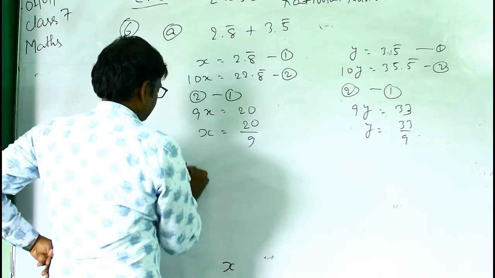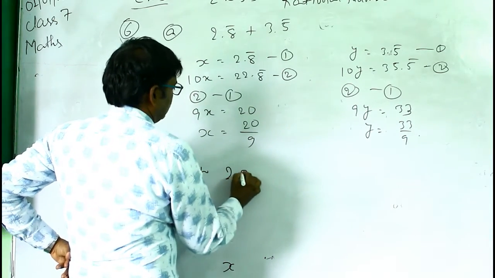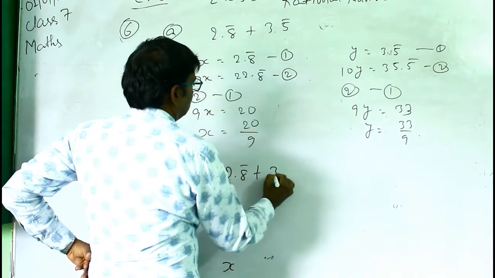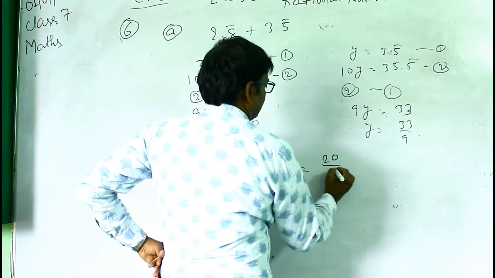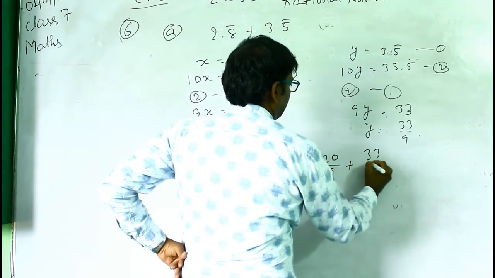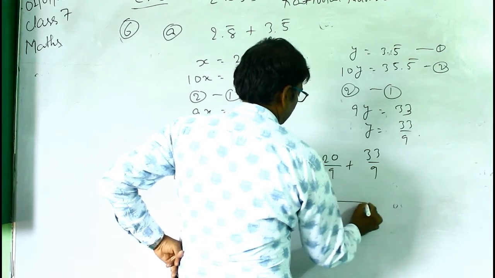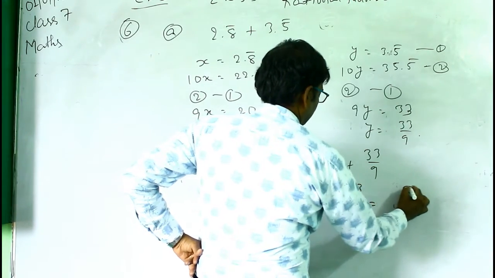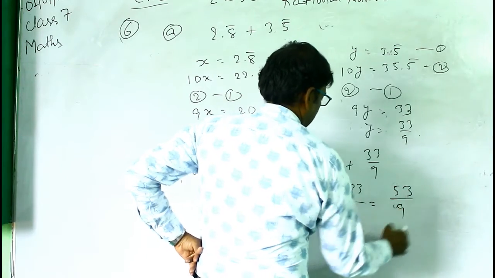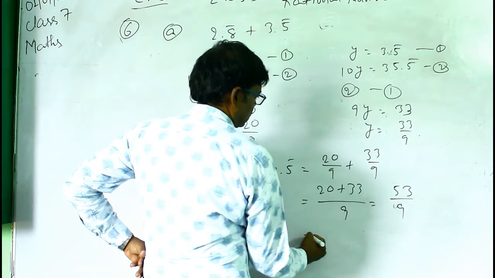Now 2.8 bar plus 3.5 bar equals 20 by 9 plus 33 by 9, which is 20 plus 33 over 9, equal to 5 and 8 by 9. So this is the answer.